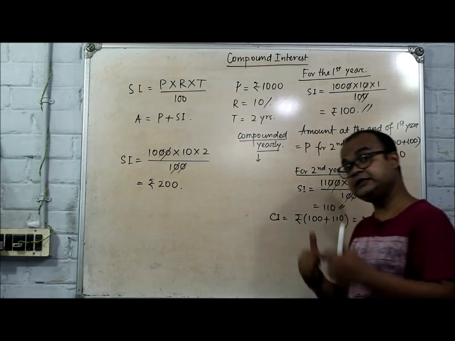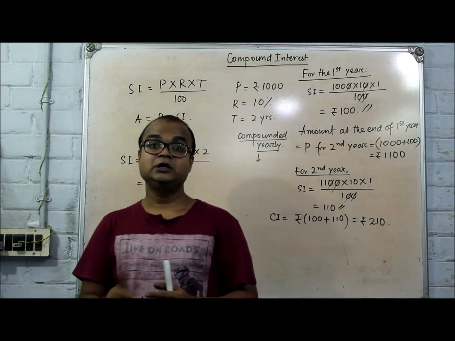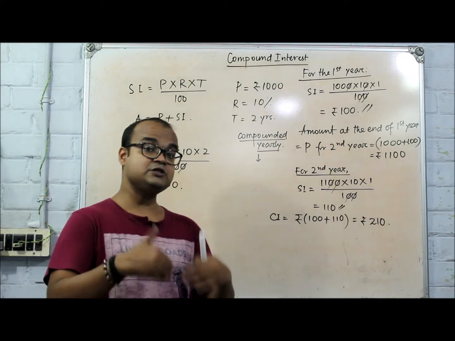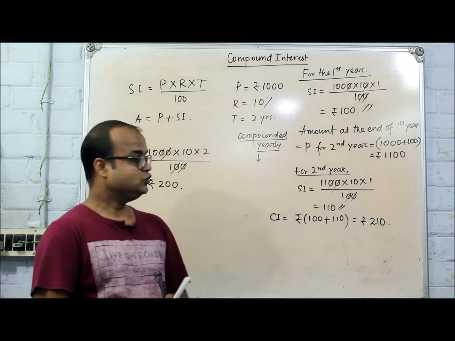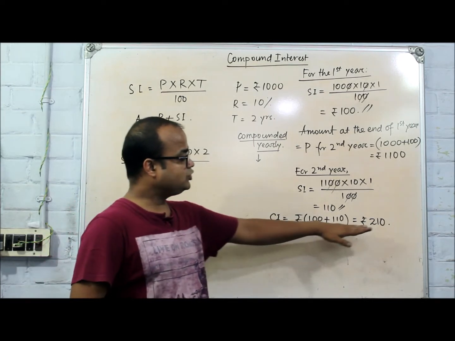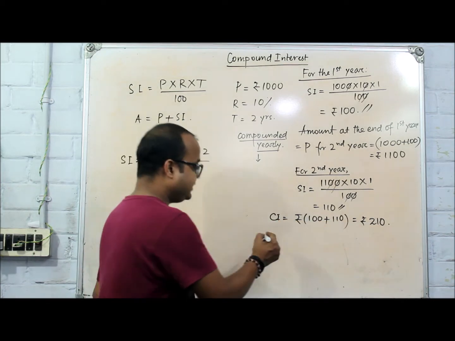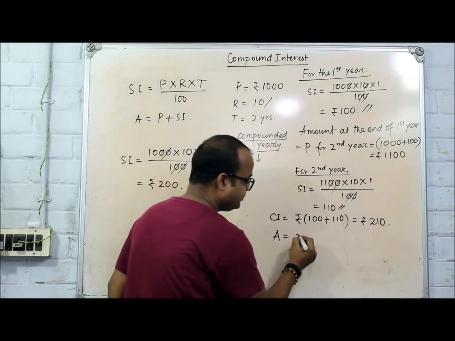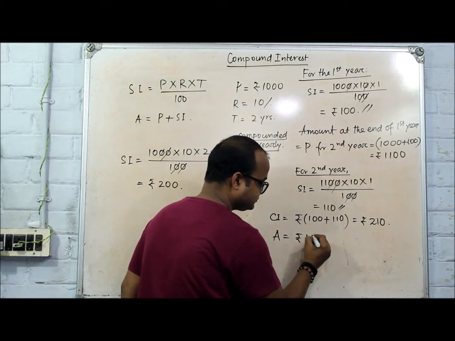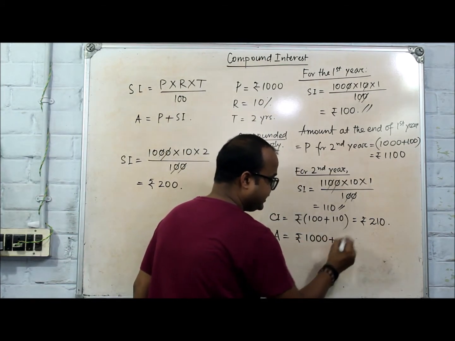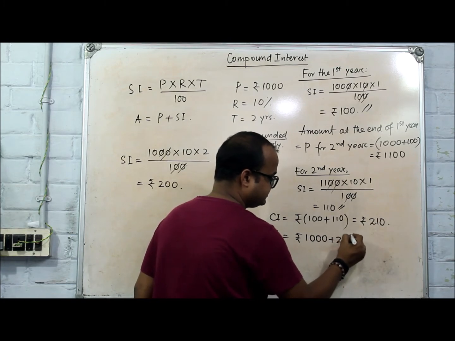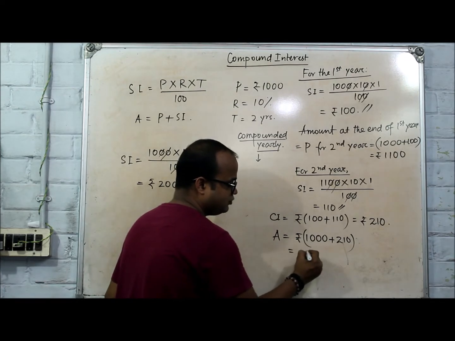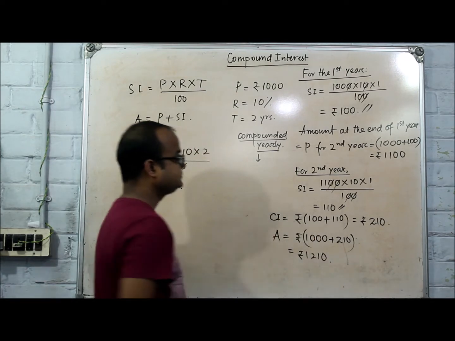That means you are getting interest on the interest earned during the previous term, because each time your principal is changing. So CI is equal to 210, and in this case the amount will become, principal is 1000 rupees and CI is 210, so your amount will be equal to rupees 1210.